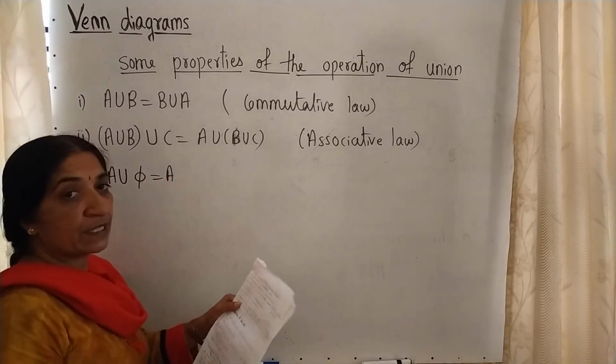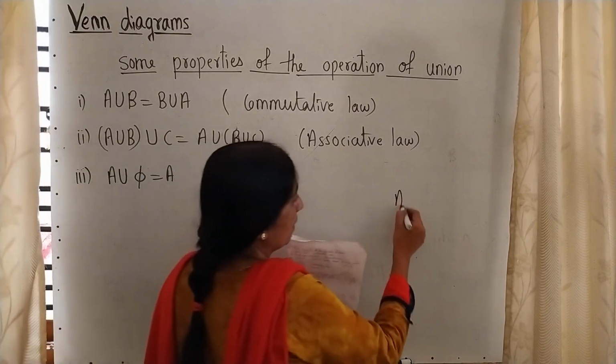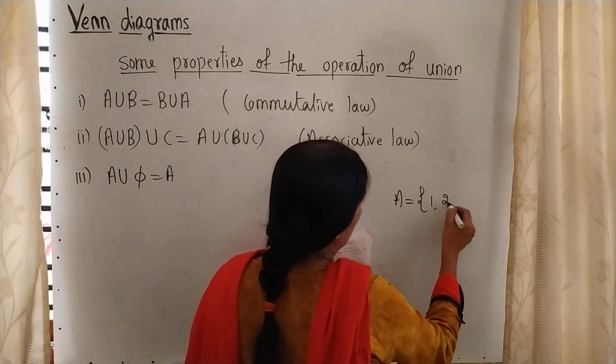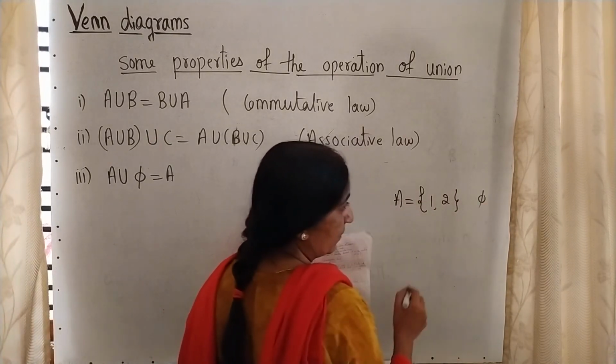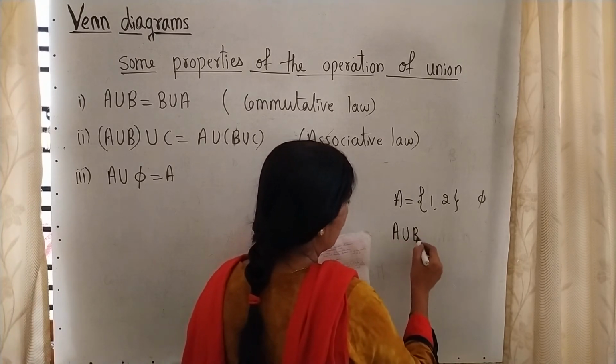If you combine any set with the null set, for example, A is 1, 2 and it is a null set. Null set means empty. What is A union null set?